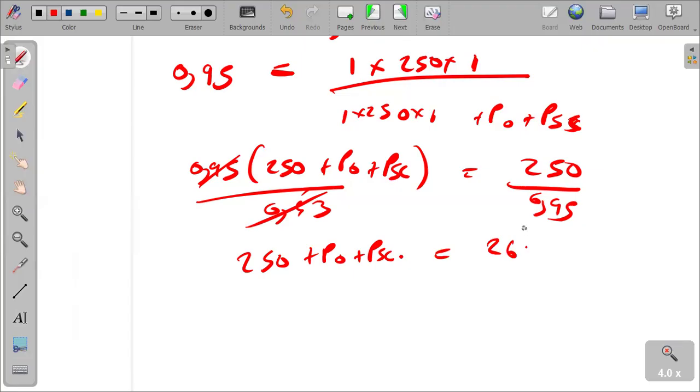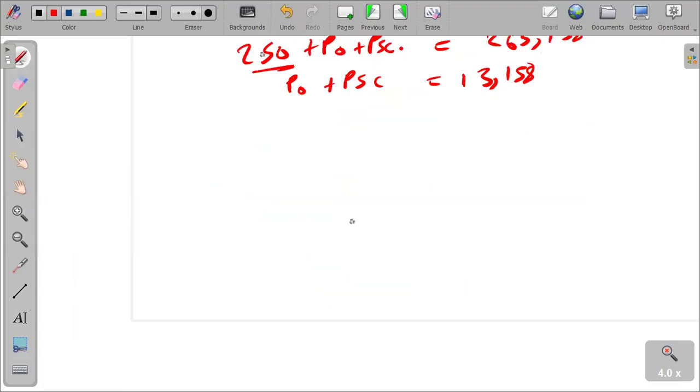Transpose, subtract 250, it means we end up having PO plus PSC is equal to 13.158. What's happening? We are now subtracting, transposing the 250, right? That marks our equation number 2.